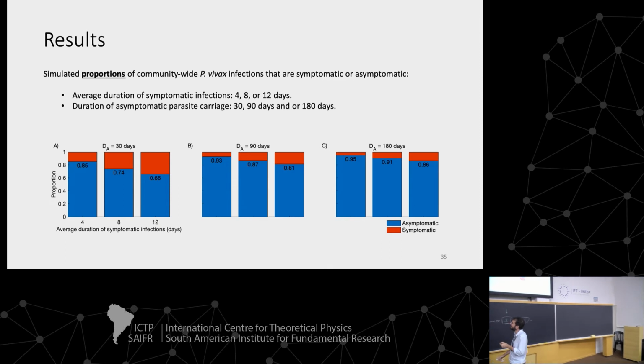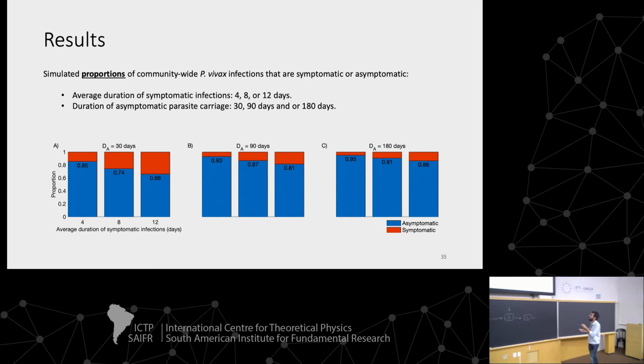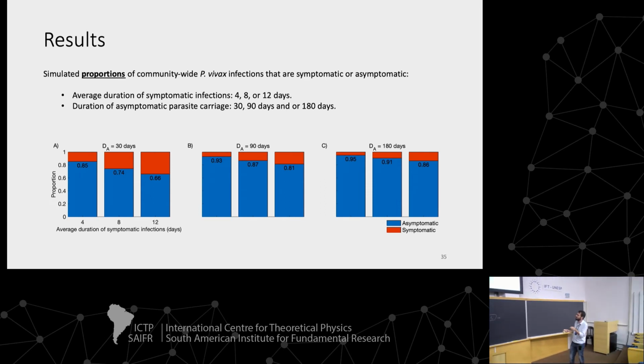Here, with 4 days for the infected ones, we have 85% of people that are asymptomatic, while the complement, which is 15% here, are infected individuals. And this varies according to the duration of asymptomatic infections.